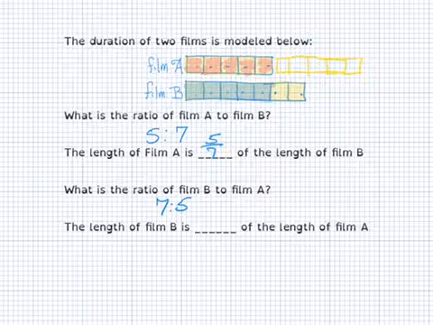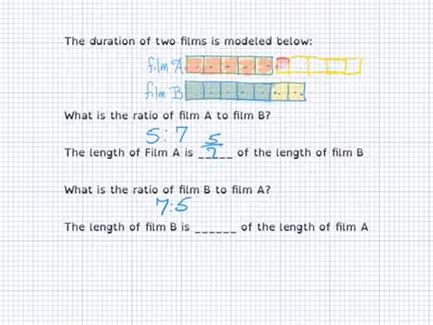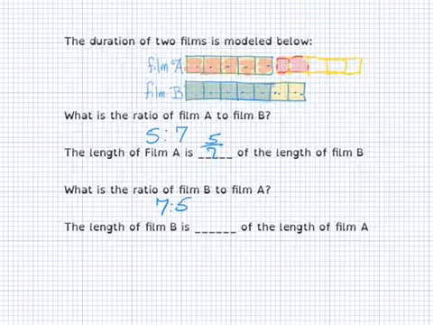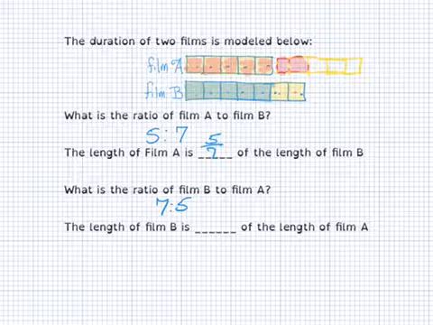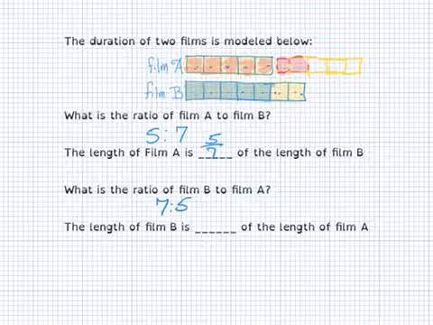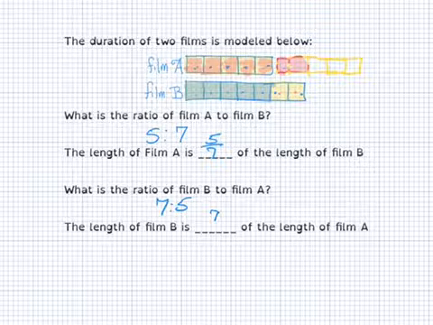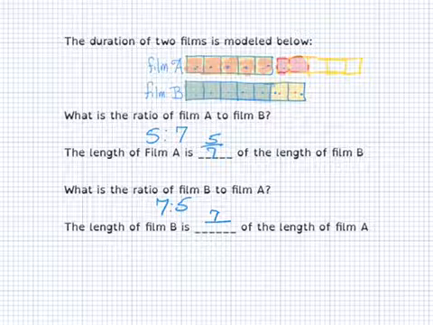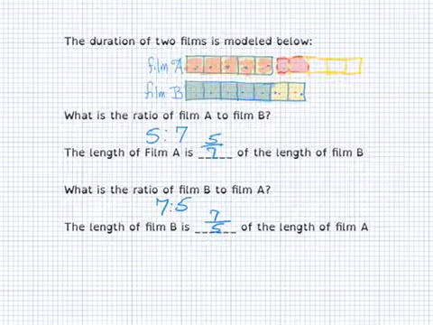That is really sloppy. And of those, I only have these 2 here. So the length of film B is going to be 1, 2, 3, 4, 5, 6, 7. And the pieces that I have in my whole are going to be 5. So the length of film B is 7/5 of the length of film A.